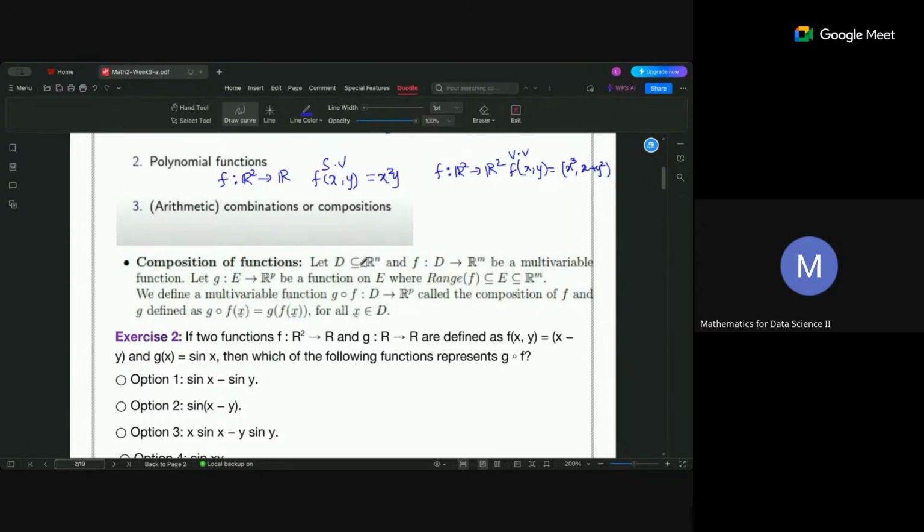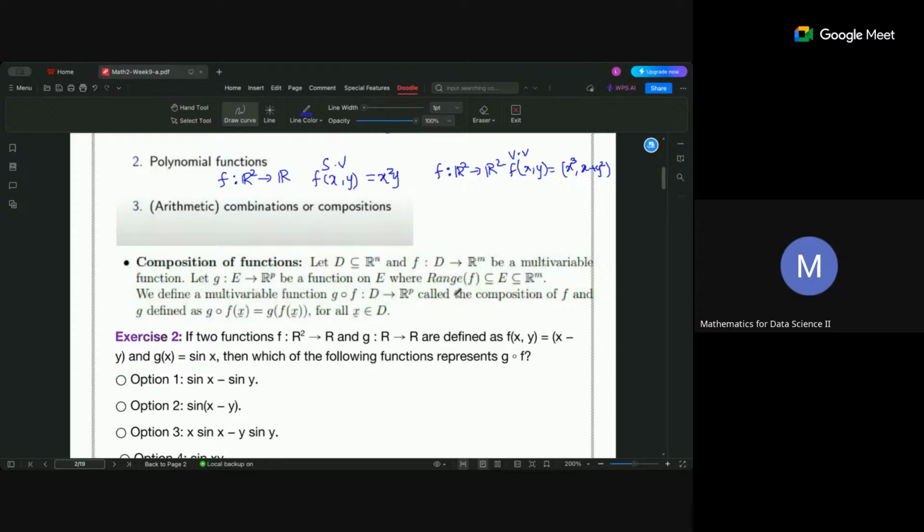Okay, so let D be a subset of Rn and f be a function from D to Rm. Now let us consider another function g which is from E to Rp. So to define G composition F, what is the condition we need? We want the range of F to be contained in E, right? This is the usual way we define composition.